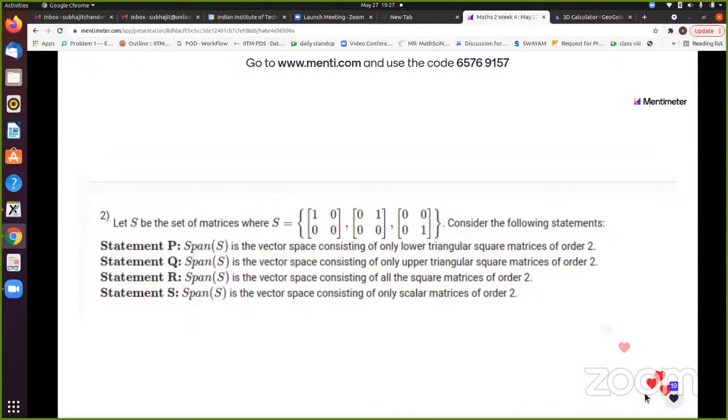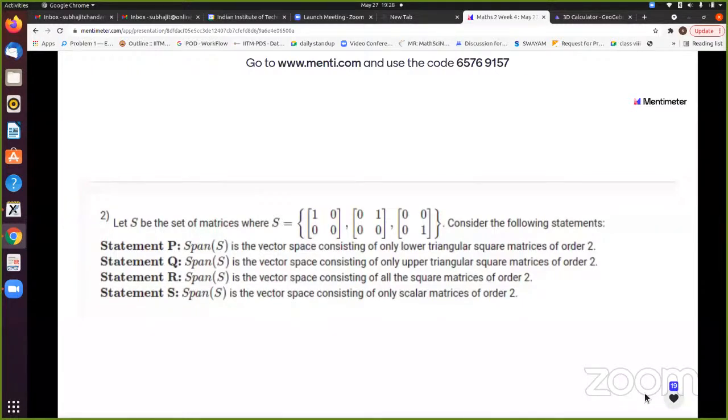Then what is that? Then it is an upper triangular matrix, right? Because the elements below the diagonal are 0. So statement Q is correct, right?